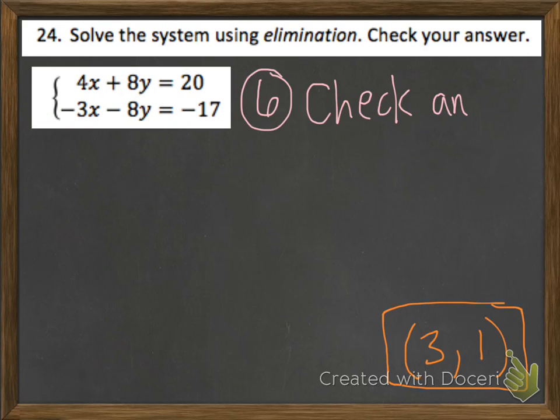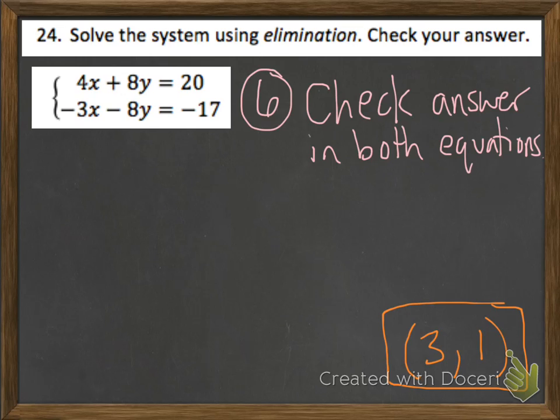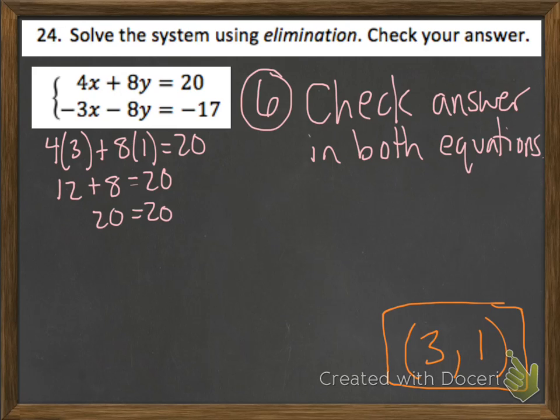Step 6 is to check our answer. I need to make sure that I plug it into both equations. It could only work in one, and then it wouldn't be the right answer. It needs to work in both equations. So when I plug in 3 for x and 1 for y in the top equation, I need to work it out until I get just one number on both sides.